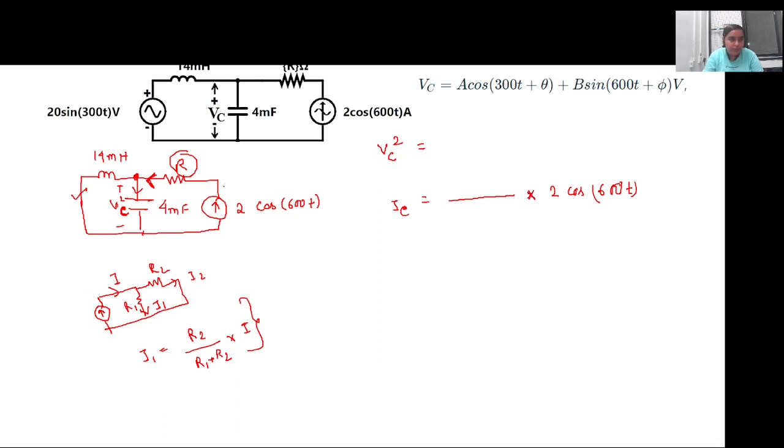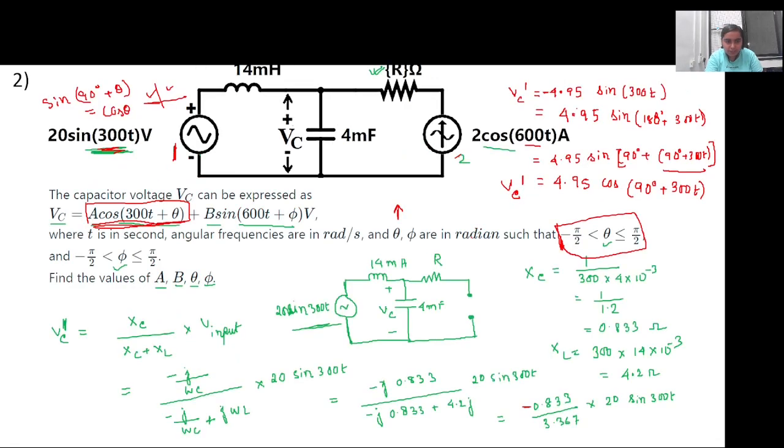The total source current. Now it will get divided into the two branches as per the reverse ratio, right? The current that is flowing through the capacitor branch is XL by XL plus XC, right? Is this okay? Yes, ma'am. So it will be... What did you have for Excel?